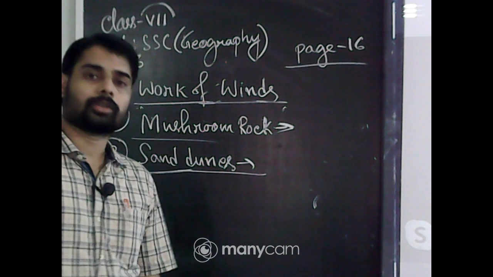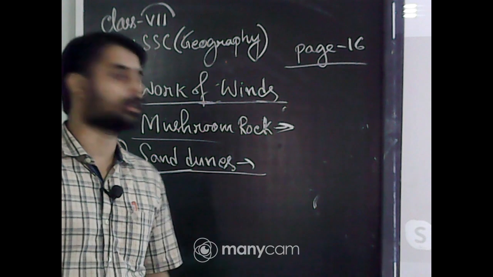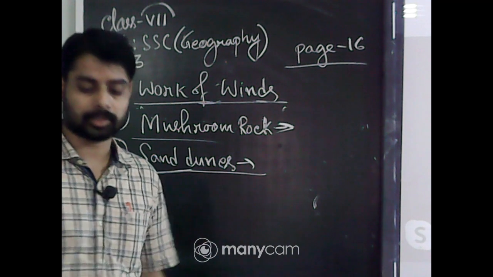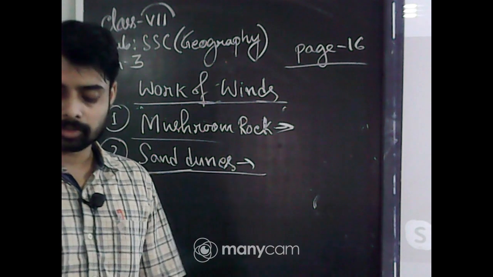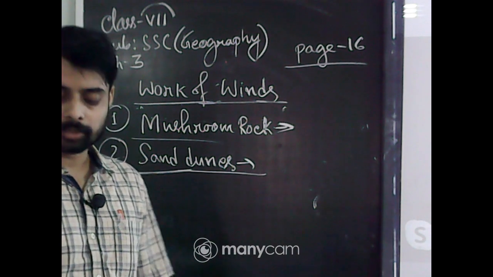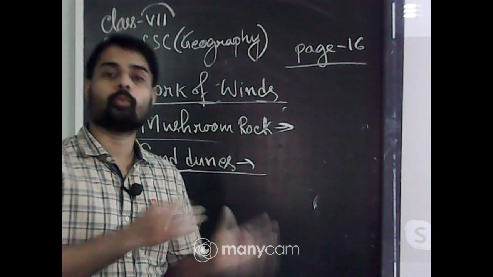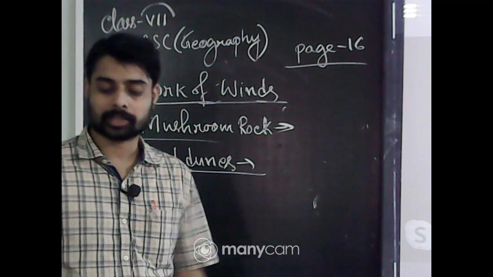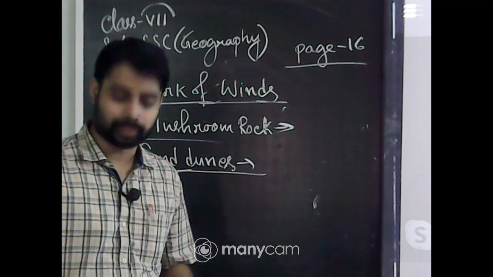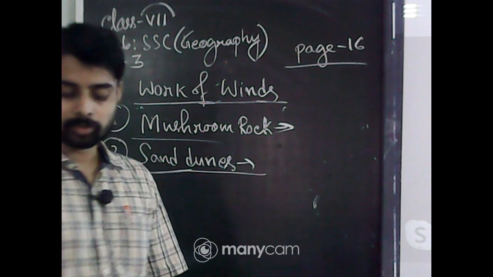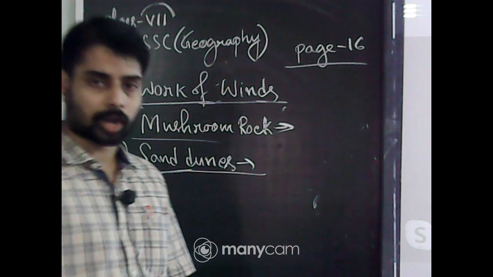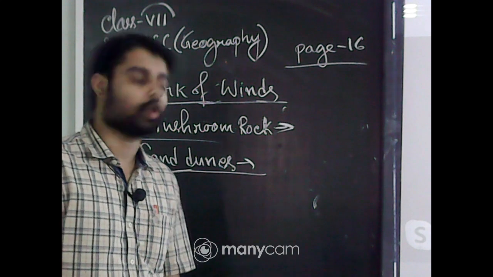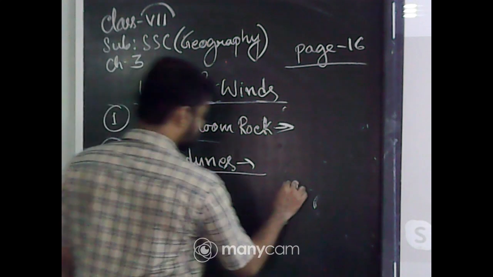You know that in the desert area the sandstorm is a very common thing, and in the time of a sandstorm, wind lifts and transports sand from one place to another, and when it stops blowing, the sands fall and make hill-like structures in the desert called sand dunes.